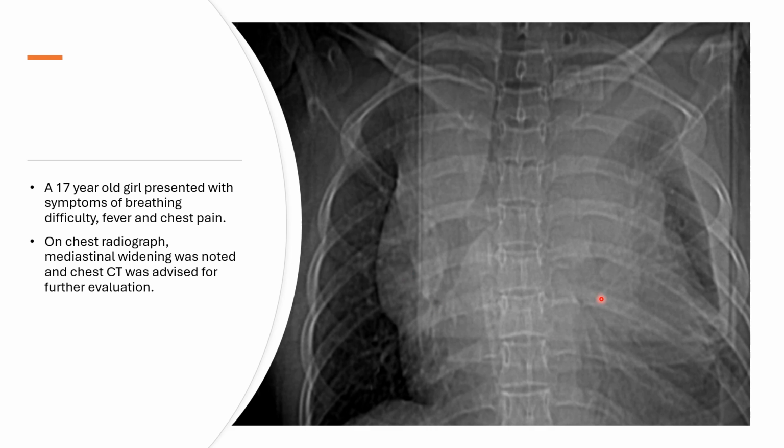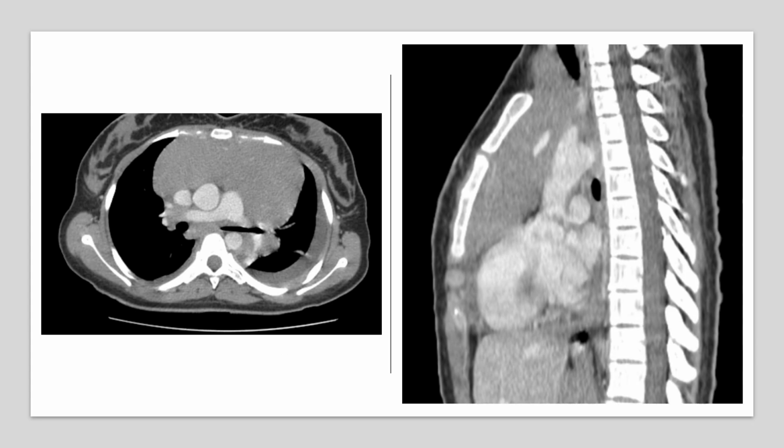So about this mass, CT chest was advised, and on the CT chest we can see a large, relatively well-defined lobulated soft tissue attenuation lesion in the anterior mediastinum that is showing mild homogeneous enhancement. Anteriorly, the mass lesion was abutting the anterior chest wall, and posteriorly it was causing posterior displacement of the mediastinal structures.